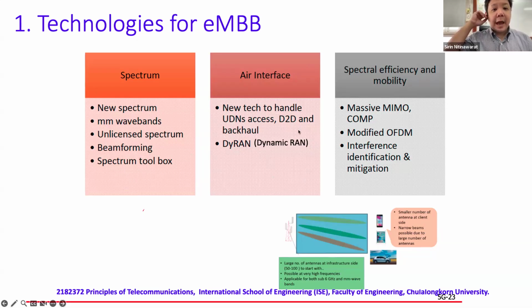In terms of the air interface, 5G employs some new techniques to handle ultra dense networks, something like device to device communication, and dynamic RAN. So this picture shows the use of multi input, multi output antennas for communication to improve the data rate.